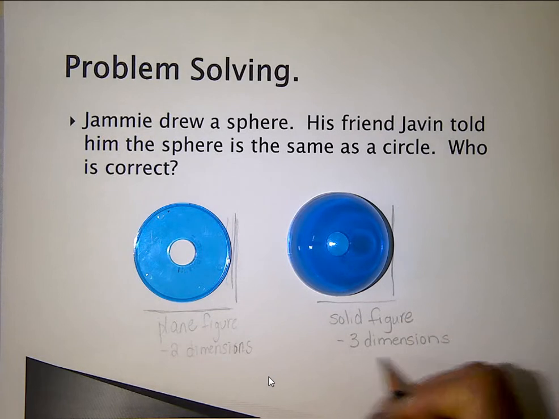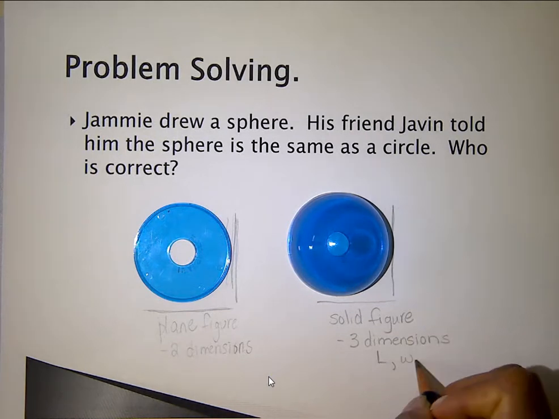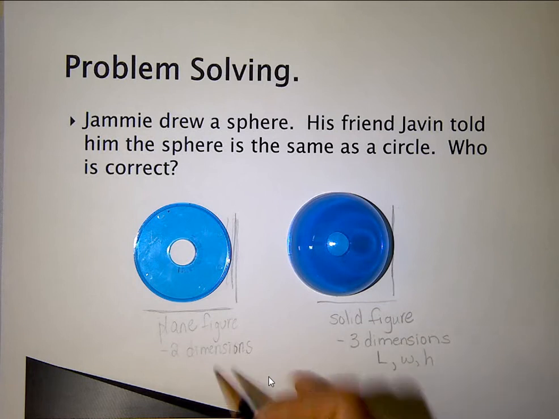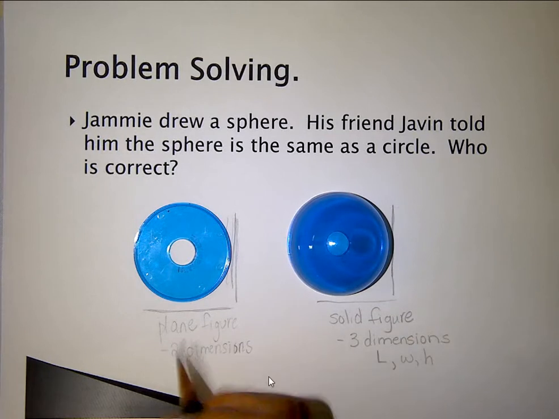And those 3 dimensions are the length, the width, and the height. Sometimes you might hear that called depth, but length, width, and height. And for the plane figure, it's just length and width.